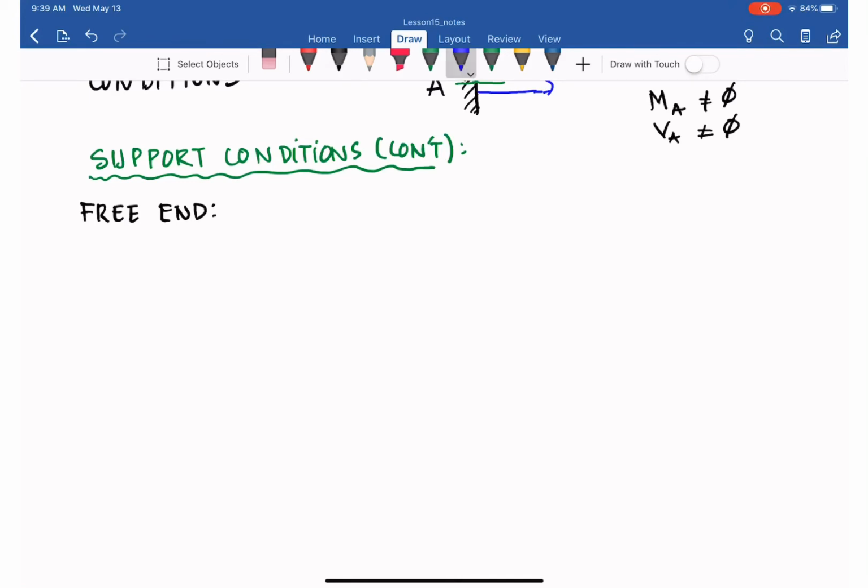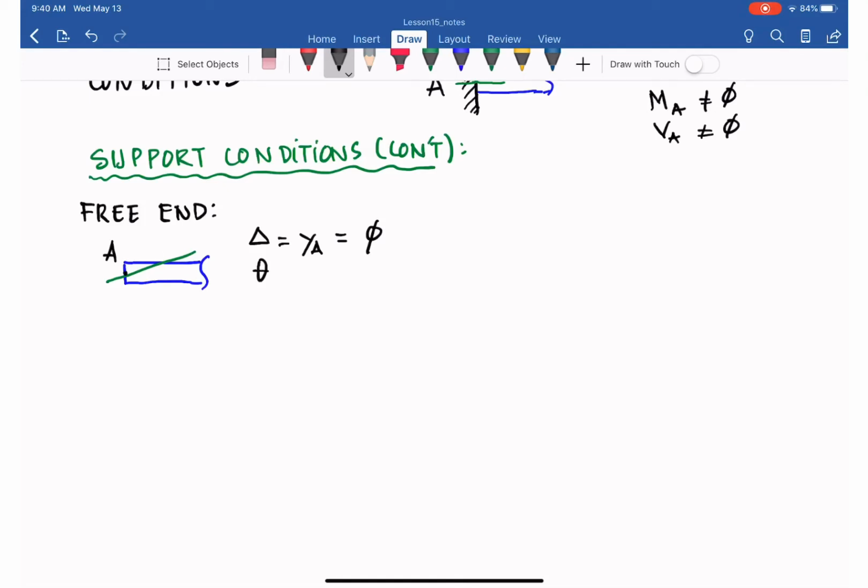So part of the beam in here, no support. So as you can see at that point, it can deflect. So when there is no support, what do we have? We have delta at the free end, I call that point A, equal to YA, and it is non-zero for sure.